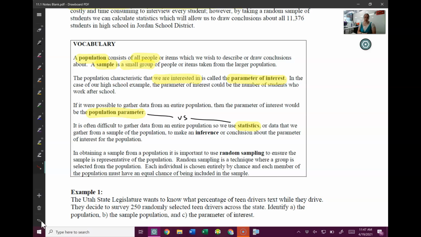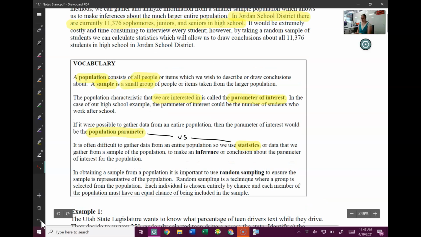What is your ACT score? Well, if I do somehow manage to go to all 11,376 high schoolers and I find out what their best ACT score is, that would be called the population parameter, because I was able to ask the entire population.